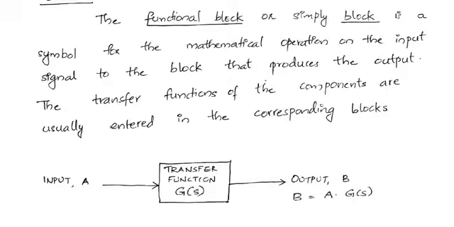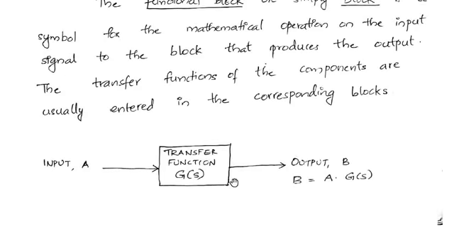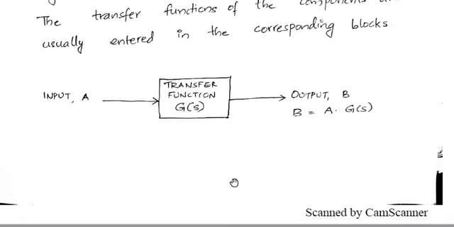As it passes through this block having a gain G or G of S, this A will get multiplied with G, and this block will produce the output A into G or A into G of S. So this would be the output. In simple sense, you can consider this transfer function as the gain itself. So that is the block.